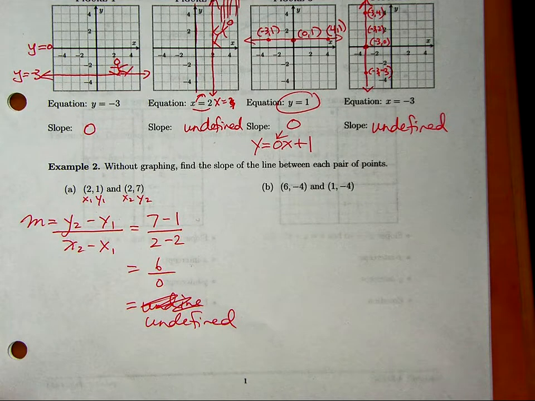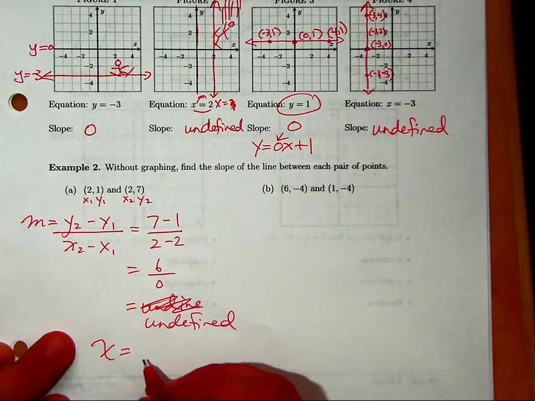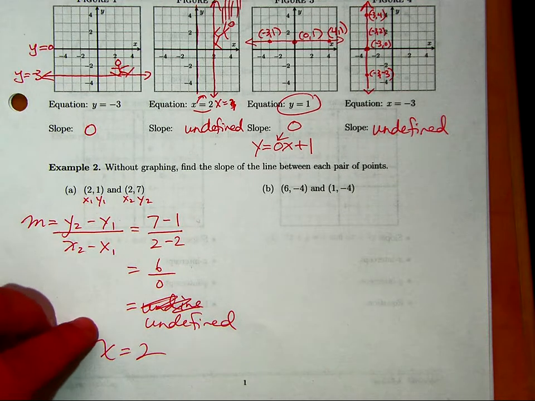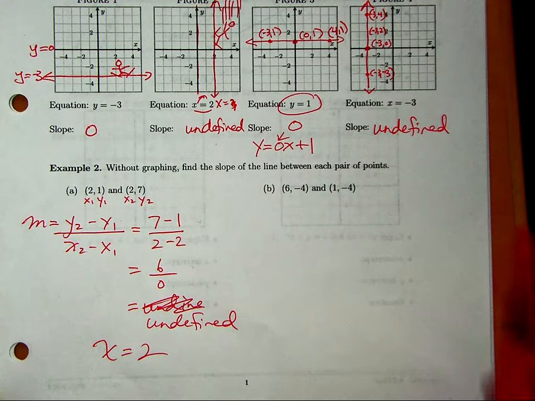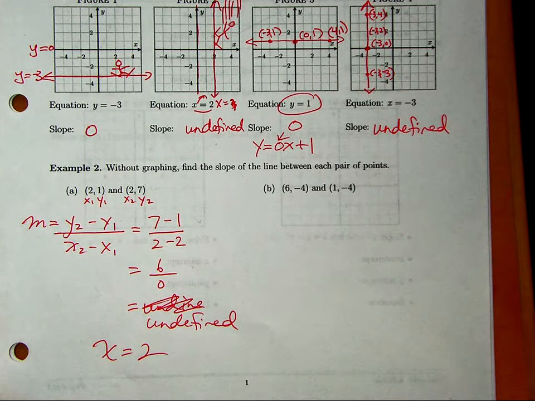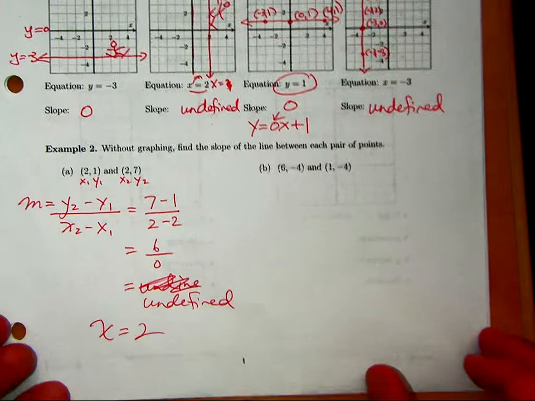It's x equals 2. Because anytime you have an undefined slope, your equation is going to be x equals a number. Since x is 2 in both of those cases, x equals 2 is the equation of the line, right?